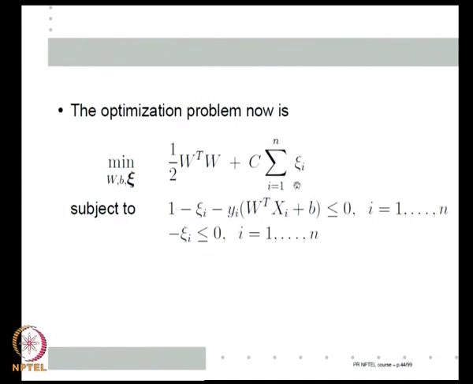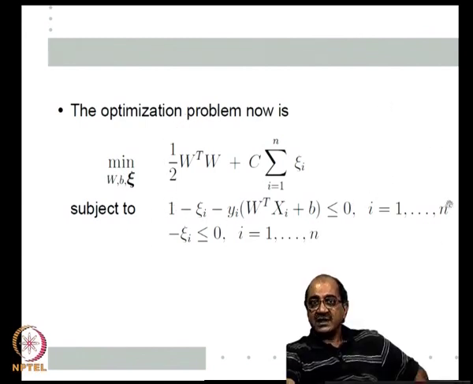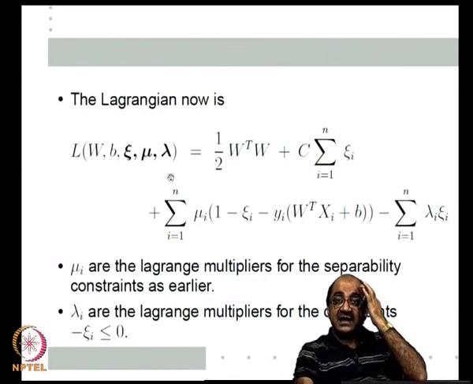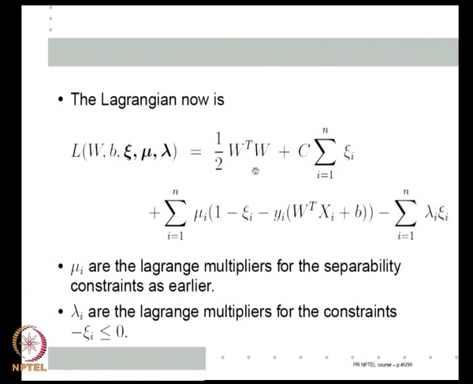The Lagrangian will be my cost function plus sum over mu I into this constraint plus sum over lambda I into this constraint. So it is my cost function, plus mu I times 1 minus Ji minus yi into W transpose xi plus b, plus lambda I times minus Ji. So I wrote it as minus lambda I Ji.